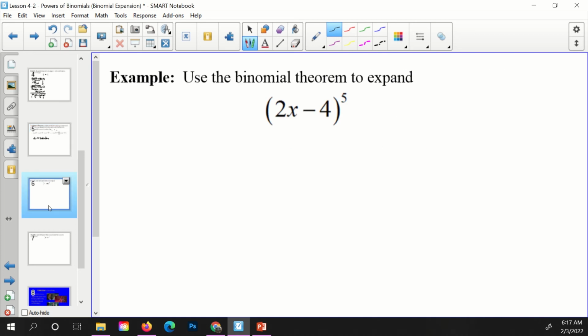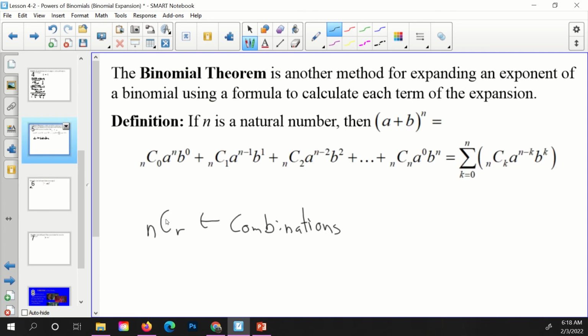So the way that I'm going to do that is I'm going to start out with 5c0, because that is my first counting term. And just like in here, it starts with n. Our n is 5. We'll start with 0, and then we're going to take this first term right here to the 5th power.